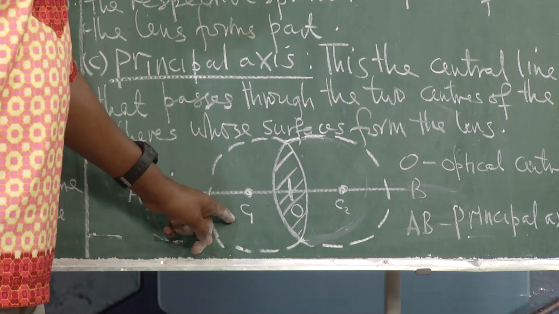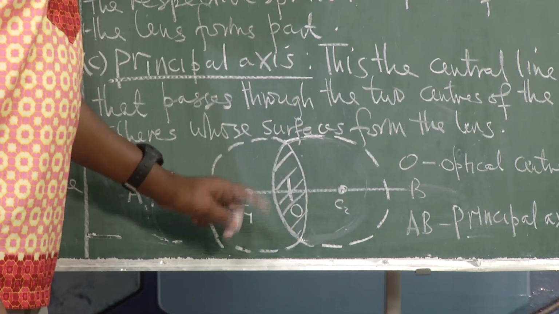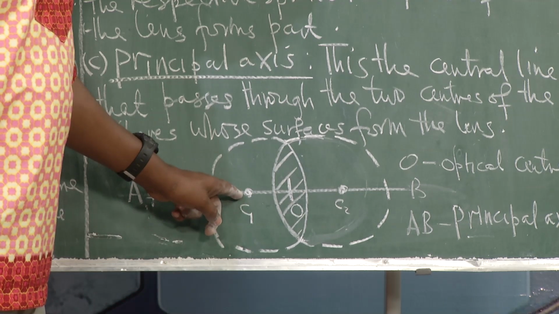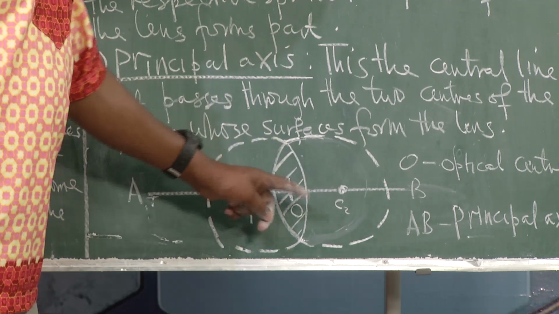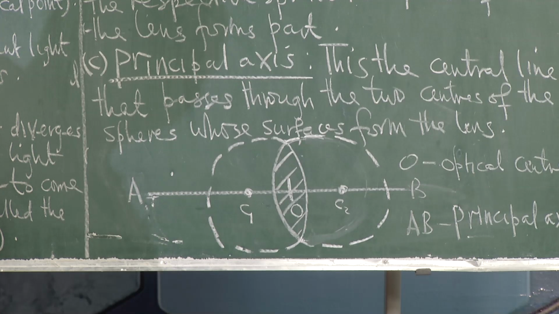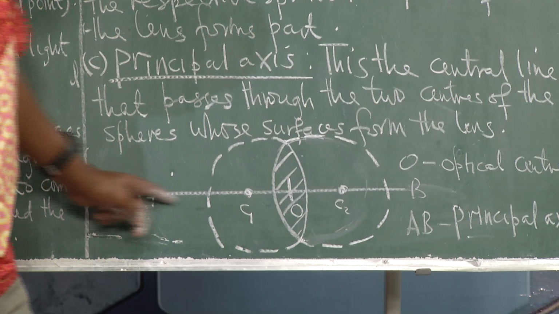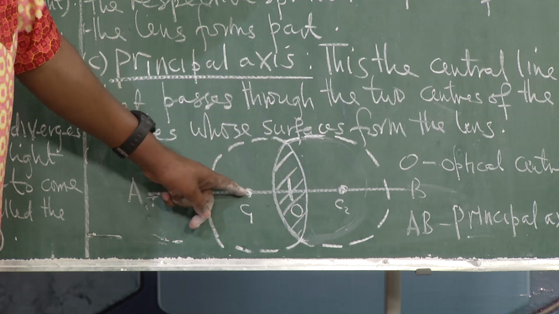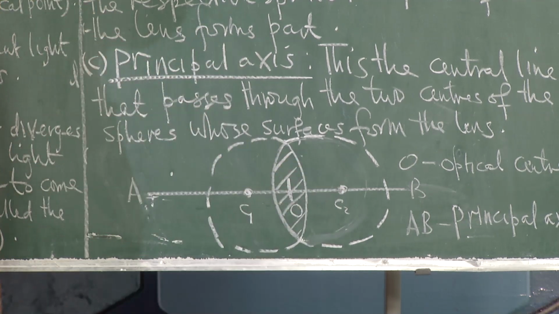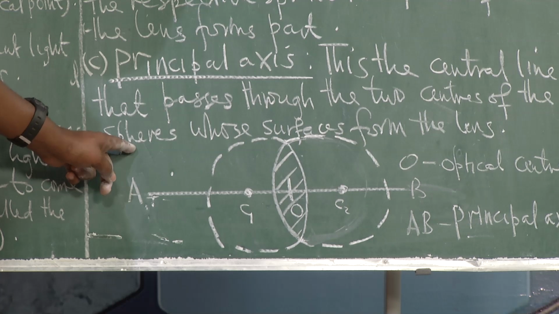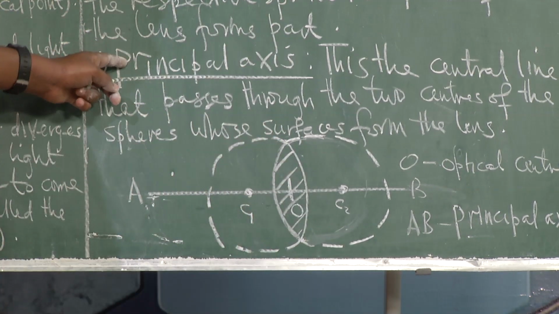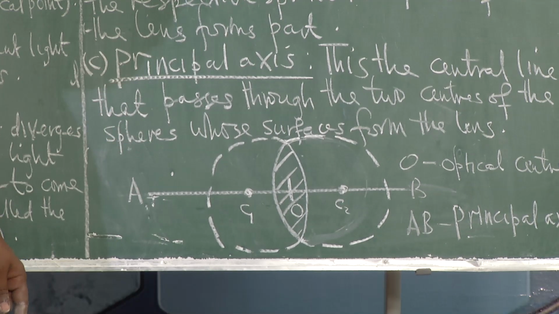And points C1 and C2, we said they are centers of curvature of the two different spheres. So the central line AB passes through the two centers, C1 and C2, of the spheres whose surfaces form a lens, as you can see, and is what we are calling the principal axis.